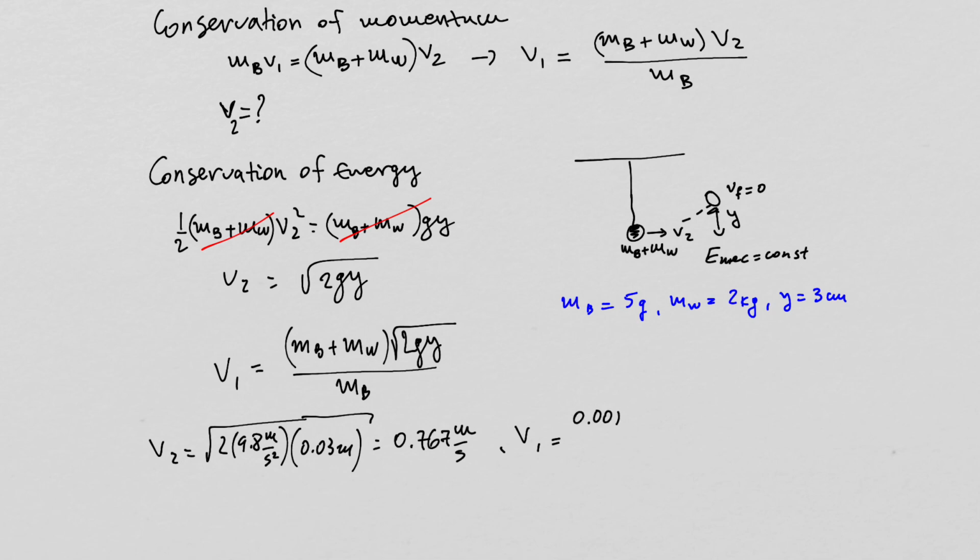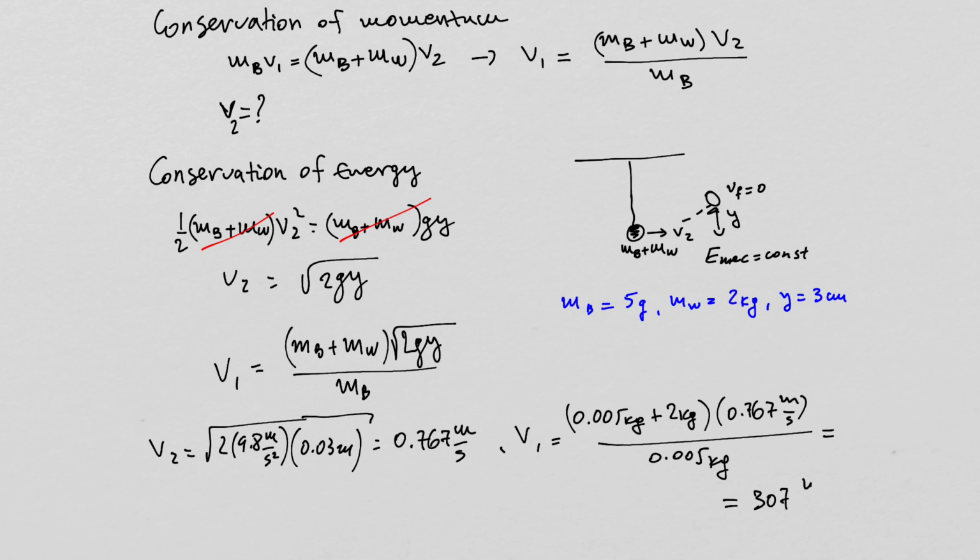And then for v1, we get 0.005 kilograms plus 2 kilograms times 0.767 meters per second divided by 0.005 kilograms. That's going to give us 307 meters per second.